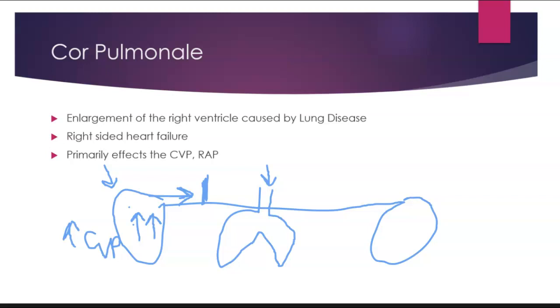If the water in my top lake can't go down the river to the lake down here, then all that lake water is going to swell and swell up here, due to some sort of blockage downstream. So anything downstream is going to be decreased. My PAP would be decreased because it's downstream, and my PCWP would be decreased because it's downstream.